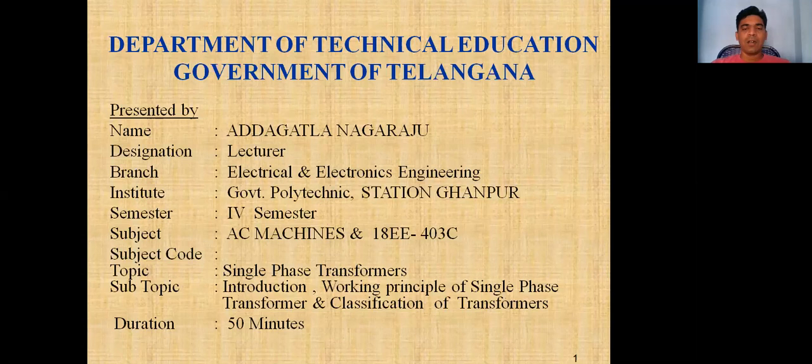In that introduction, the working principle of a single phase transformer and the classification of transformers we will cover.